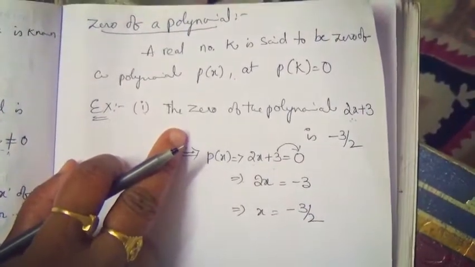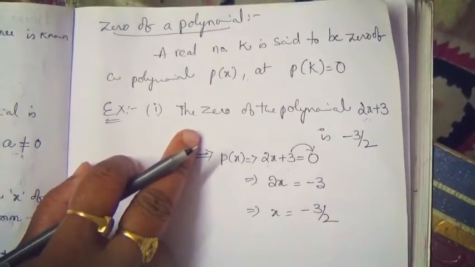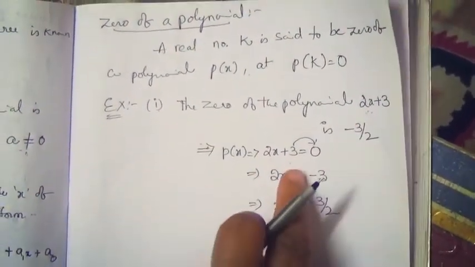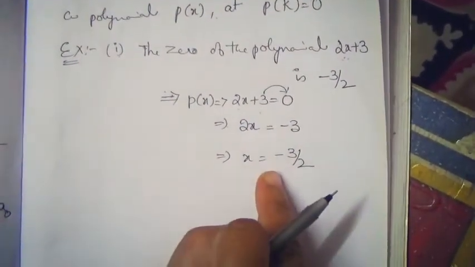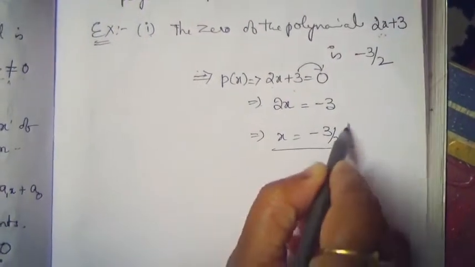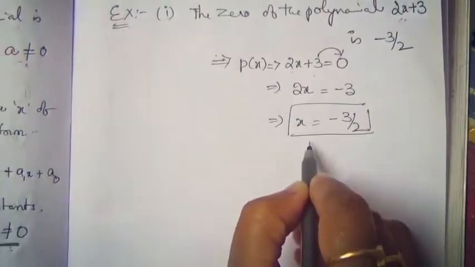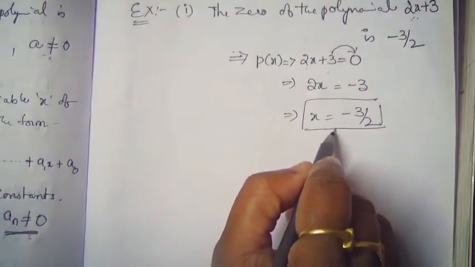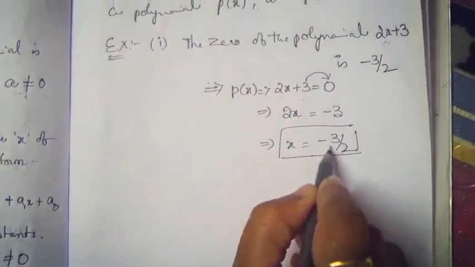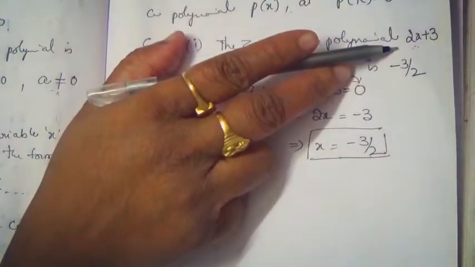What is 0 of the polynomial? When you equate this polynomial equal to 0, then you will get the 0 of the polynomial. Okay, it is the final answer. It is x. That is 0 of the polynomial. If you substitute x is equal to minus 3 by 2 in the given equation, you will get 0.